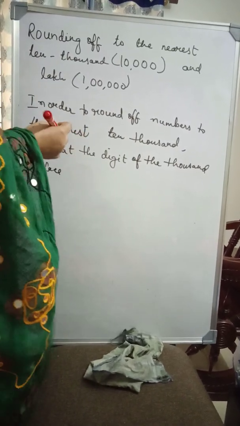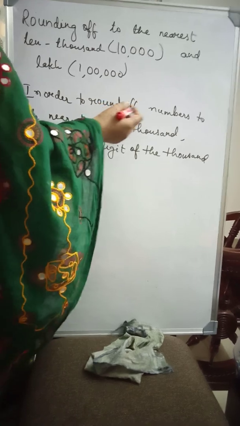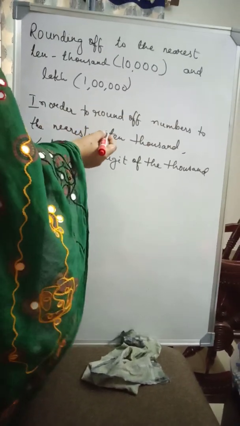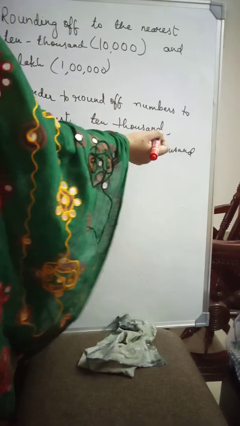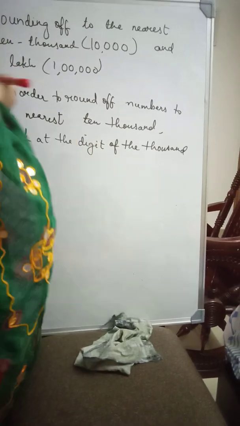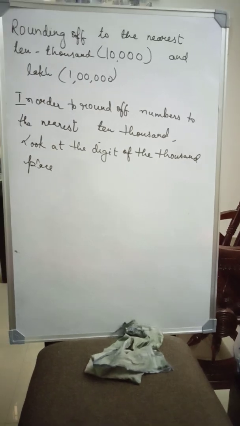Always remember, children, in order to round off the numbers to the nearest 10,000, look at the digit of the thousand place. So let us take an example.